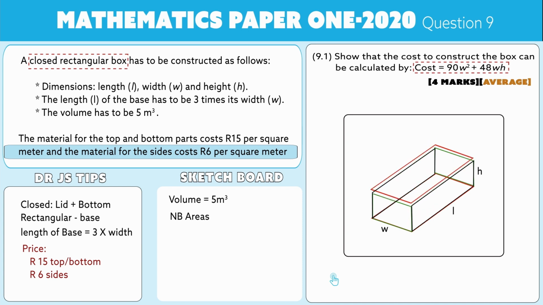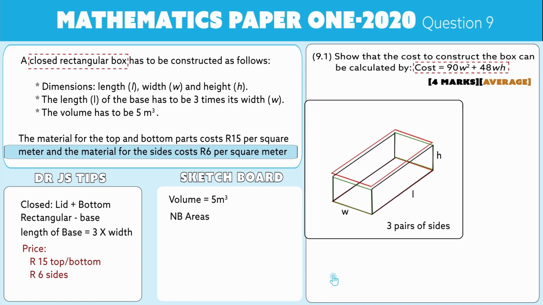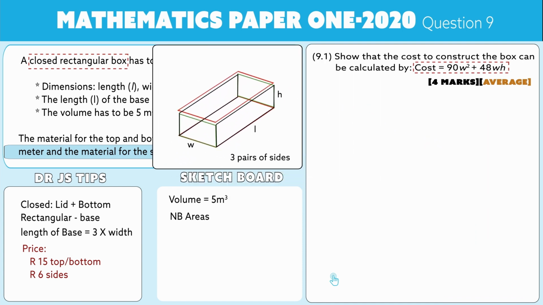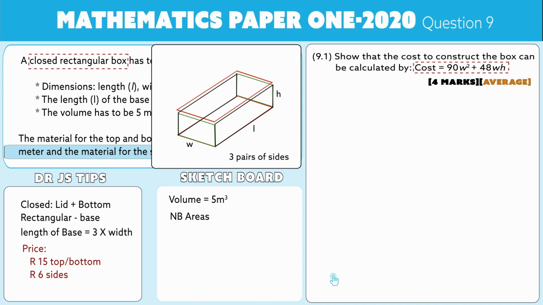And then we have the lid and the bottom of this box as the third pair. They've supplied us with all the dimensions, so all we need to do is first find the areas of the sides, and then we'll work out the price.